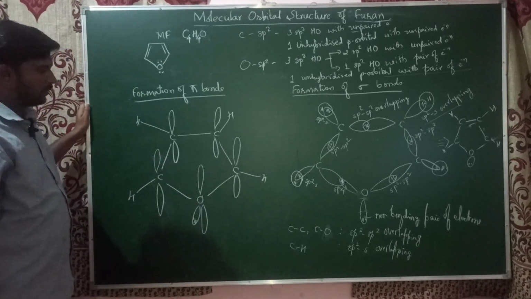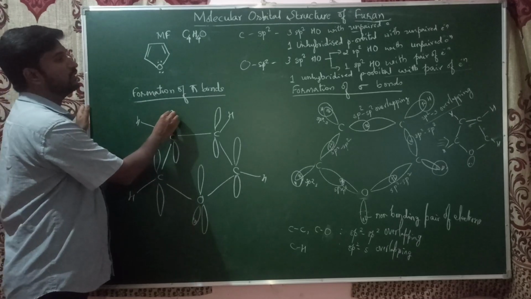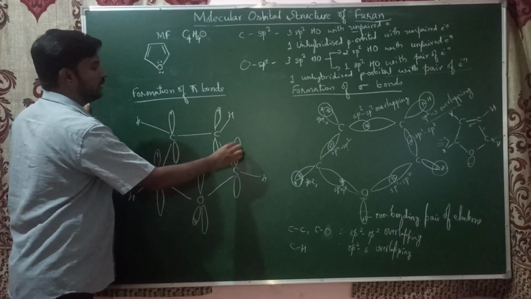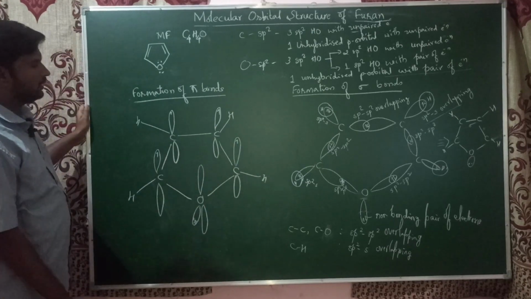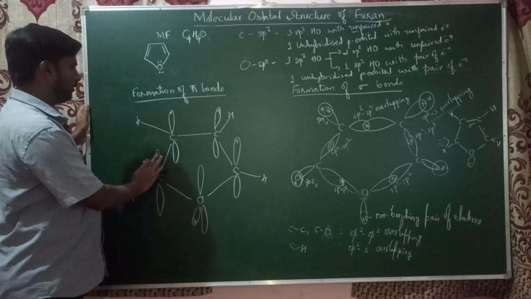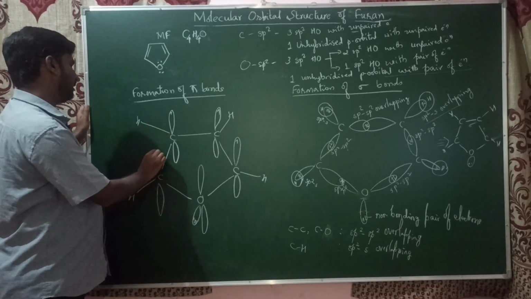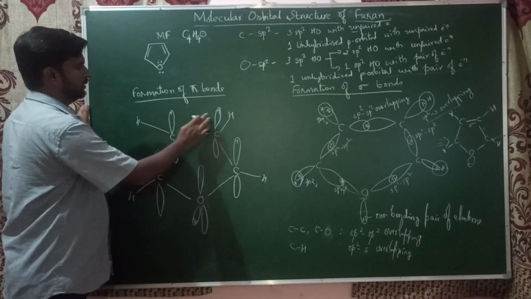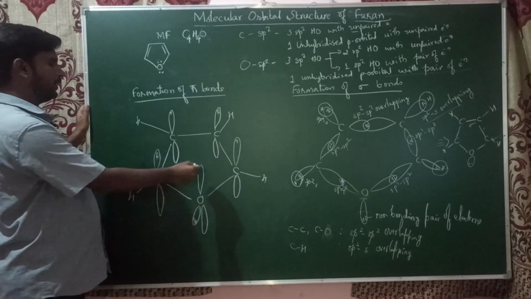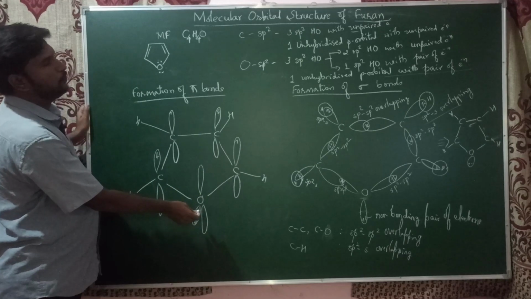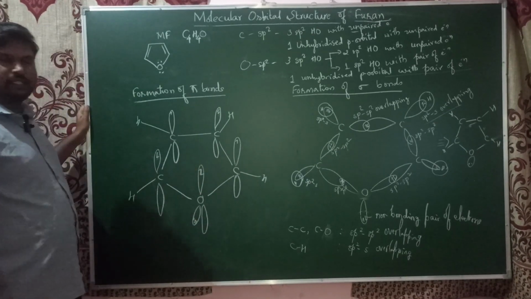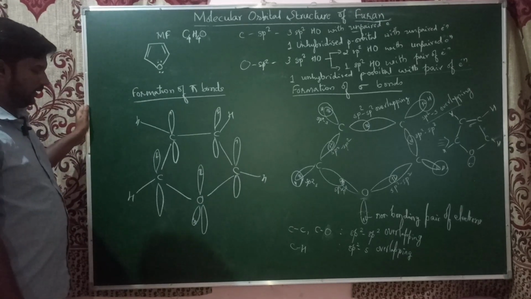Perpendicular to the plane of the sigma bonds, and each carbon unhybridized p orbital has a single, unpaired electron. Just for our convenience, I can write the opposite spins. In the case of oxygen, the unhybridized p orbital contains a pair of electrons.